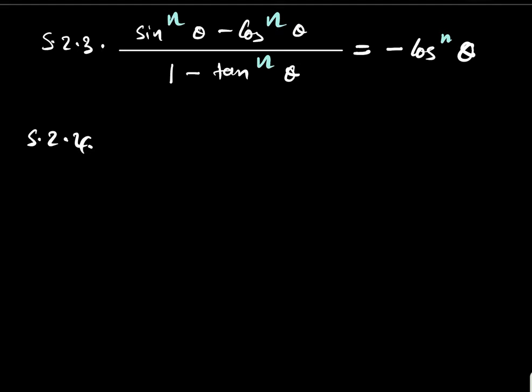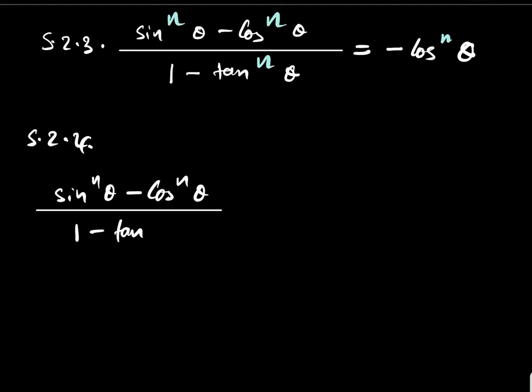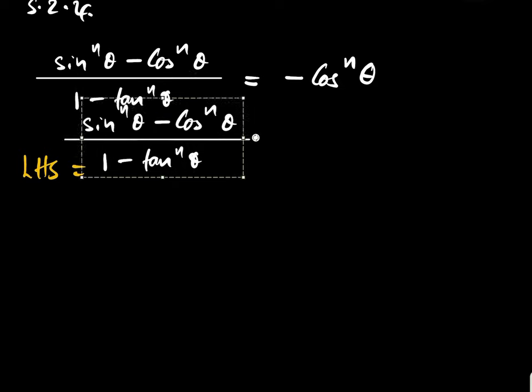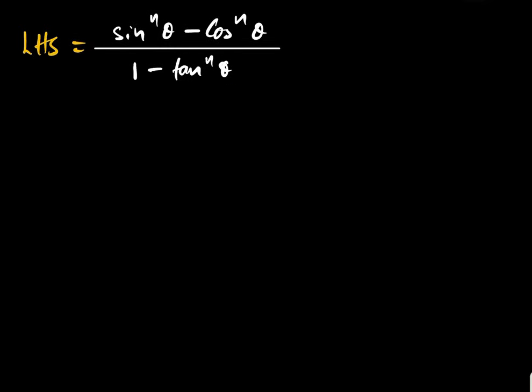We have to prove that sine of n theta minus cos of n theta, divided by 1 minus tangent of n theta, is equal to negative cos to the power n of theta. So let's prove this from the left hand side. That is our left hand side. I may need to copy that so that I work it out. Let's see if we're going to get a negative cos of theta.